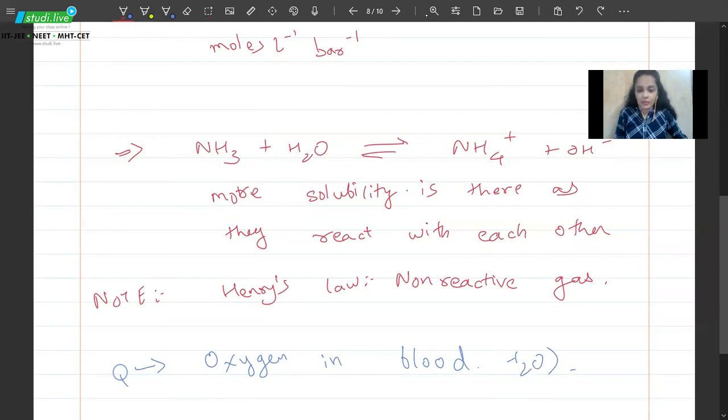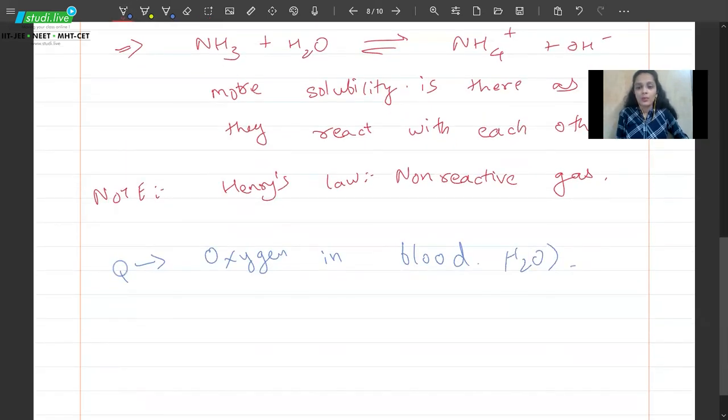If your answer is hemoglobin, then you are absolutely right. Oxygen dissolves very little in water, but because of the hemoglobin, it dissolves in blood. Yes, the answer is hemoglobin. Very interesting fact to know.